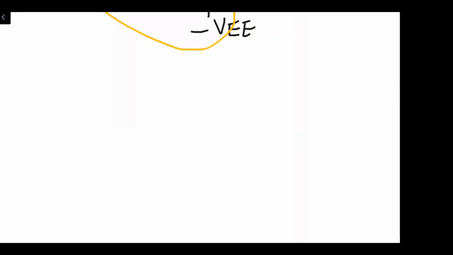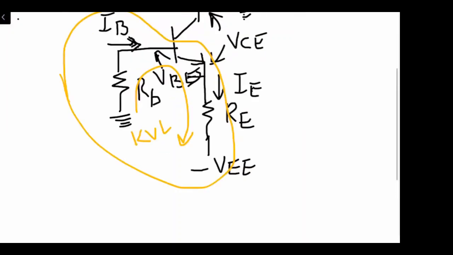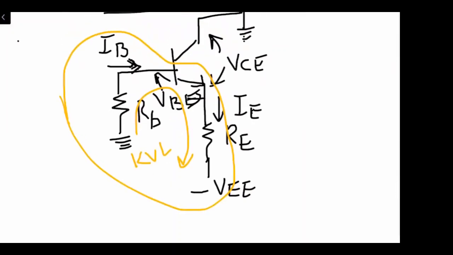So this means we have a drop across the base resistance RB. Then we will have a drop from base to emitter, VBE. Then we will have a drop in the emitter resistance, that is IE RE, and that should be equal to the potential or the bias which is being applied to the emitter leg, VEE, right?